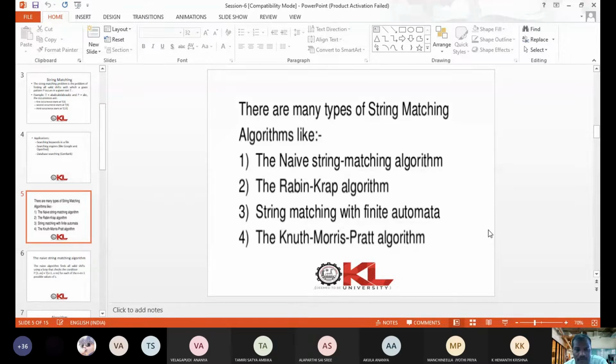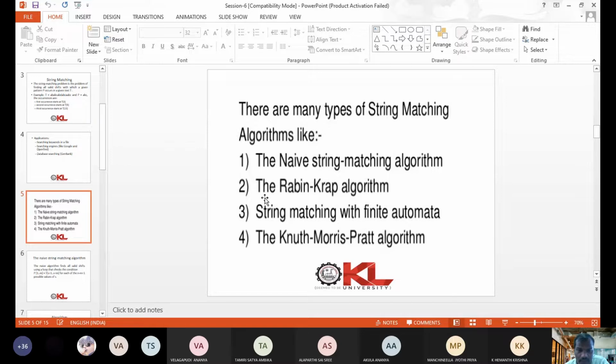First, the naive string matching algorithm. The second one is the Rabin-Karp algorithm, spelled K-A-R-P, not K-R-A-P. The third one is string matching with finite automata. The fourth one is the Knuth-Morris-Pratt algorithm.